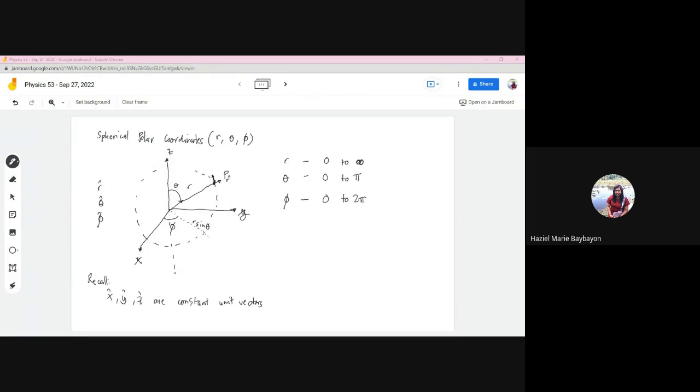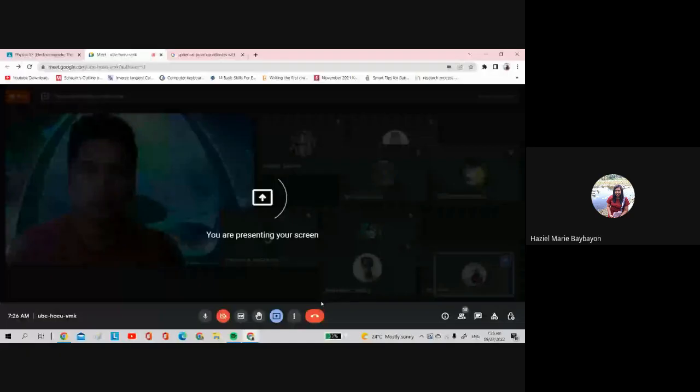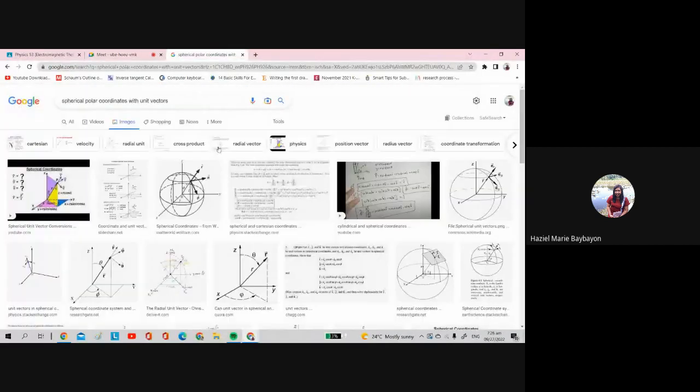Saan na siya? Unit vectors. Okay, so I'm showing you my entire screen so that you will be able to see.